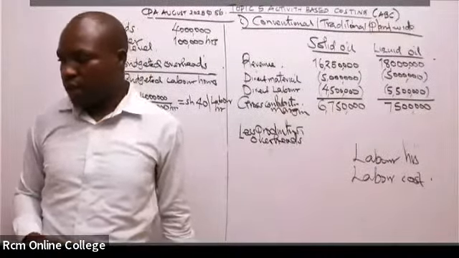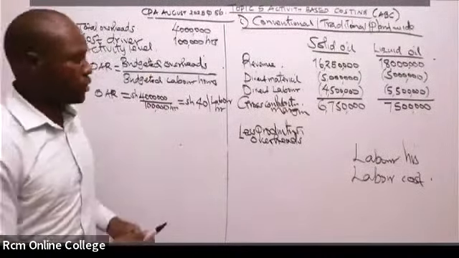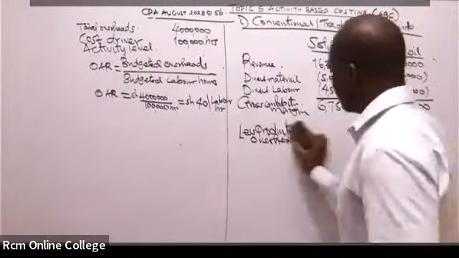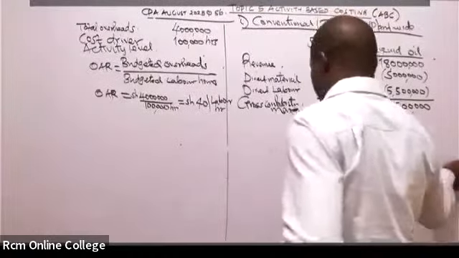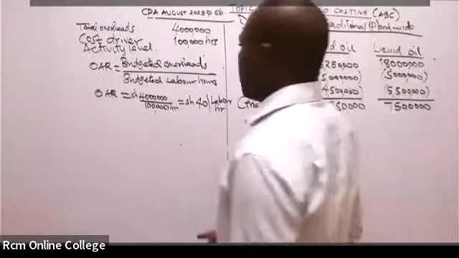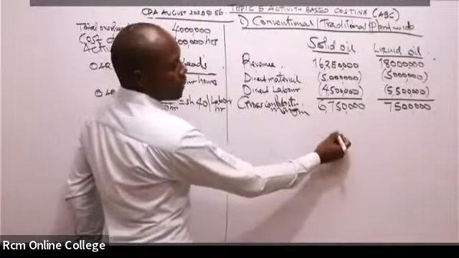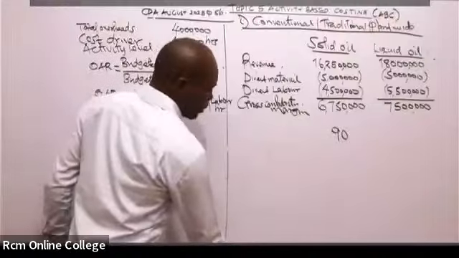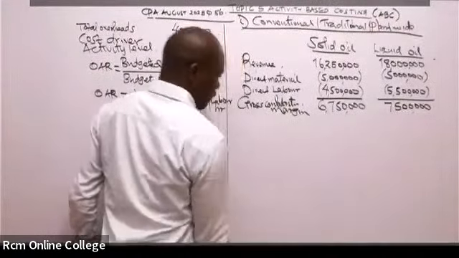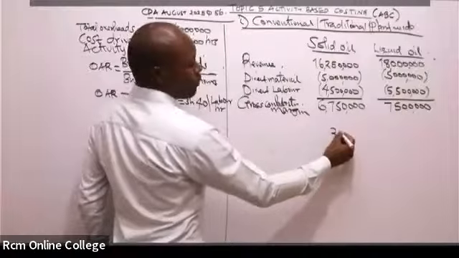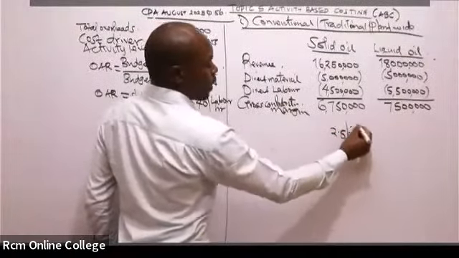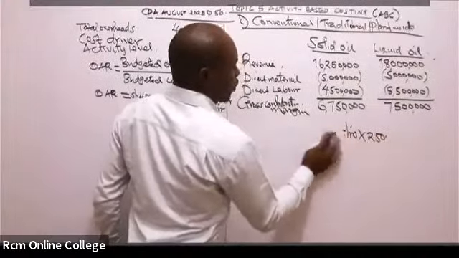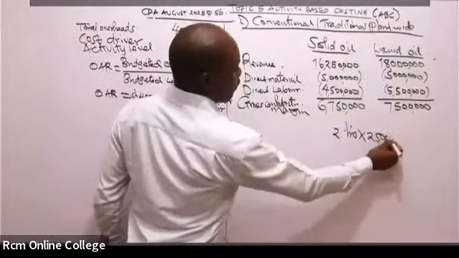How did we get the 100,000? Solid oil requires 2 hours of direct labor per liter, and we need to produce 25,000 liters.